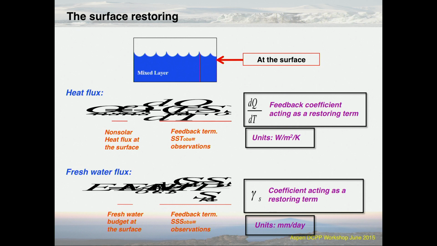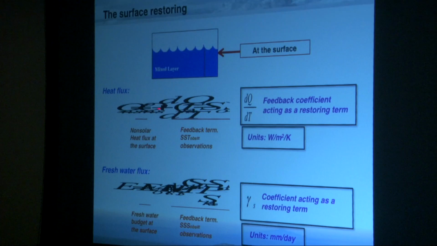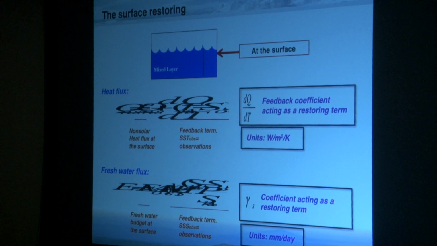Usually what we do for this restoring term, we add a term in the non-solar flux at the surface. The non-solar flux at the surface is the one computed by the model plus this restoring term, which is also called the feedback coefficient, dQ/dT here. The unit is watt per meter square per Kelvin.